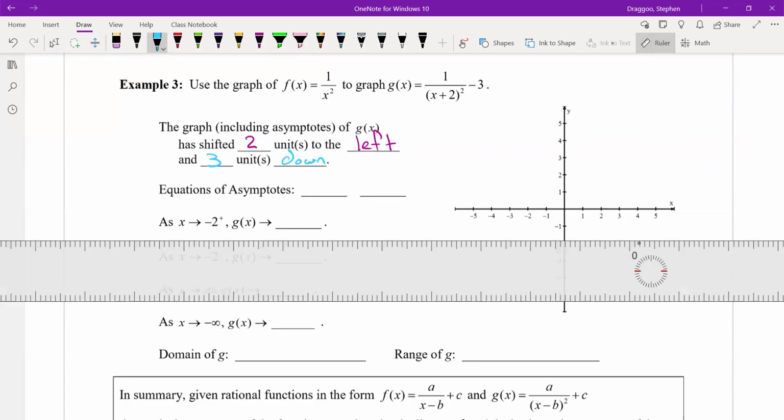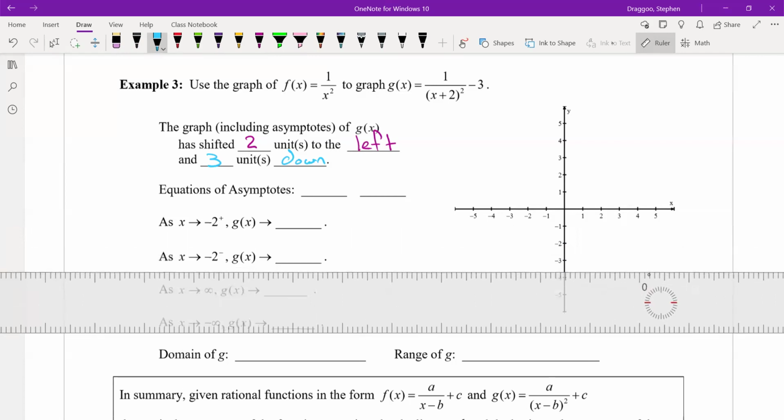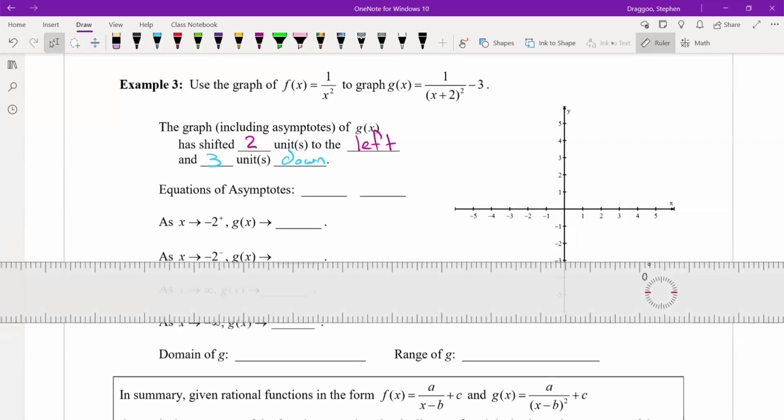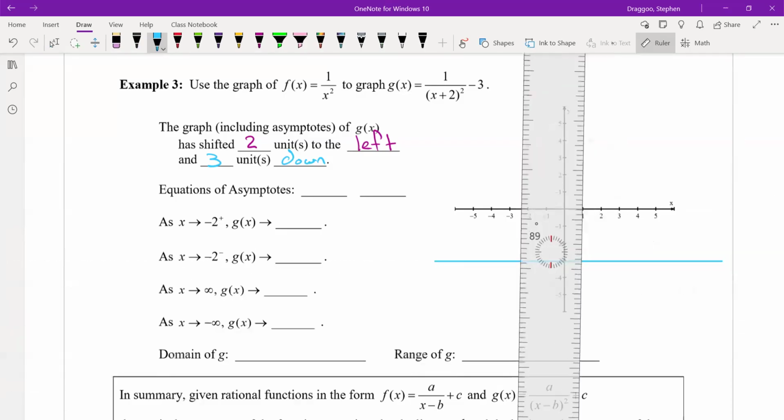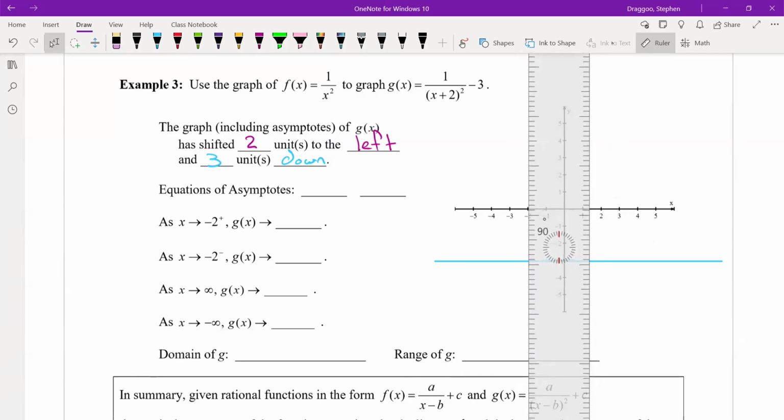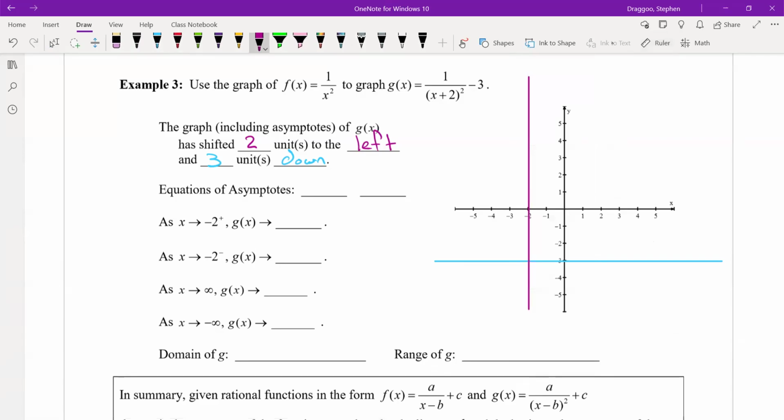And again, I'll sketch in my asymptotes first. One of them at y equals -3, and the other at x equals -2. I guess I skipped a step in the notes, but that's okay. And then fit my graph around my two asymptotes.